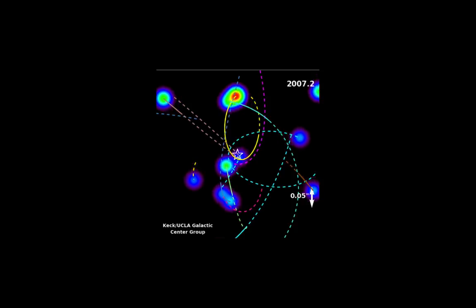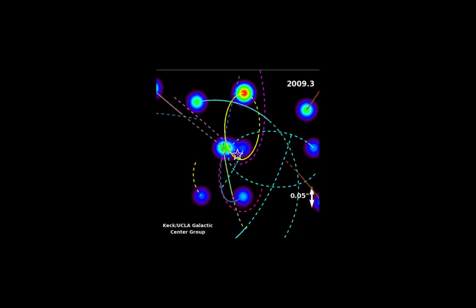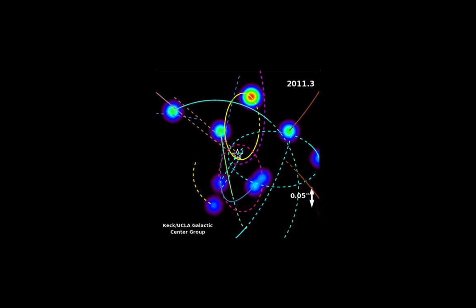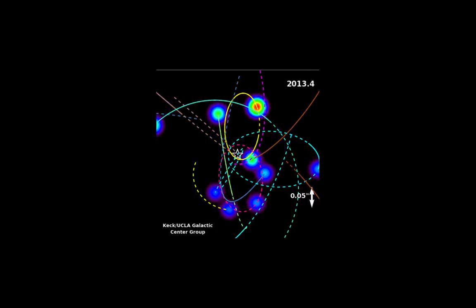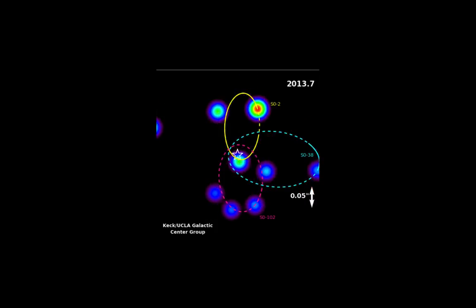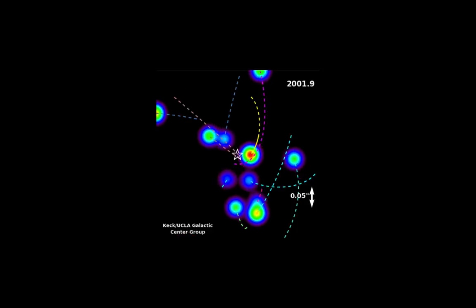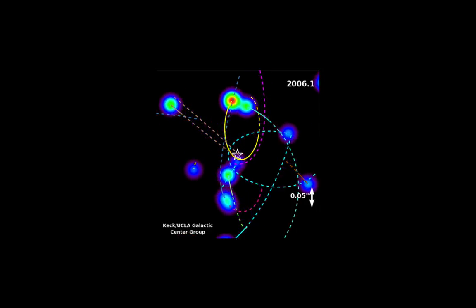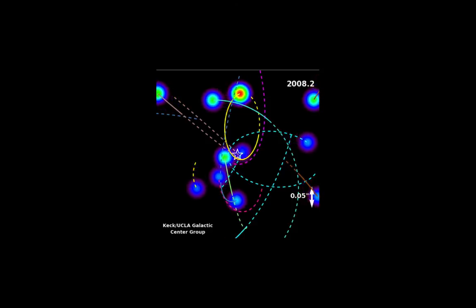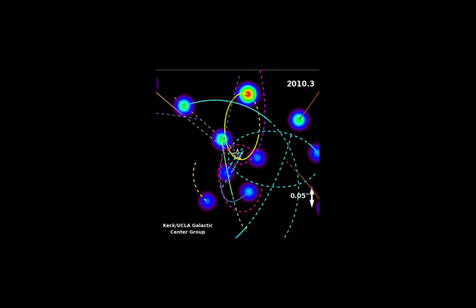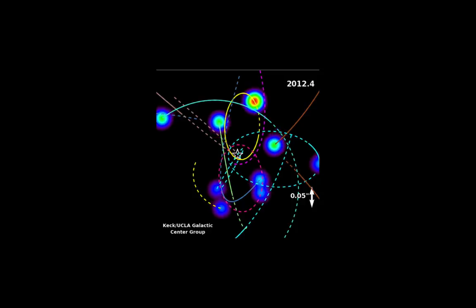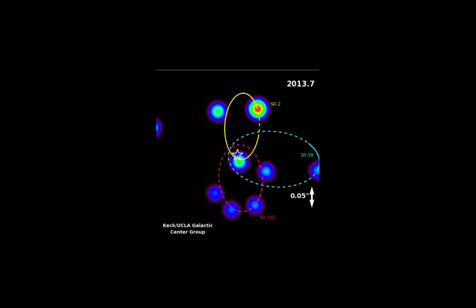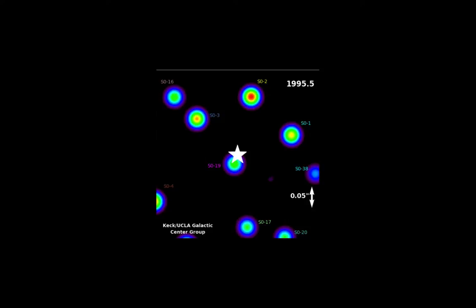We can't see any light being emitted from it, even though all of these separate star orbits are obviously orbiting around a focal point that is at that location. Again, these are real observations of individual stars orbiting around the supermassive black hole at the center of our galaxy.